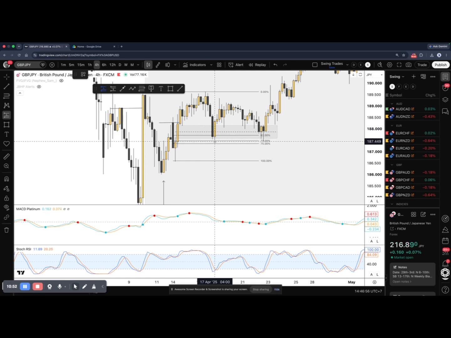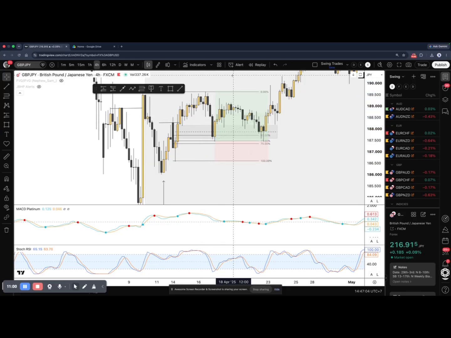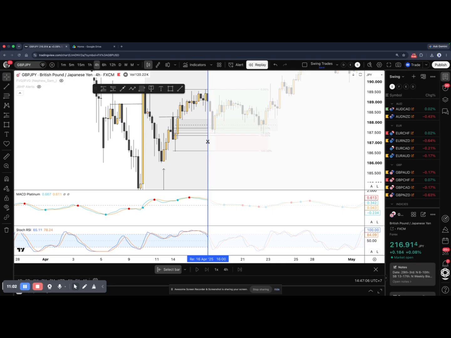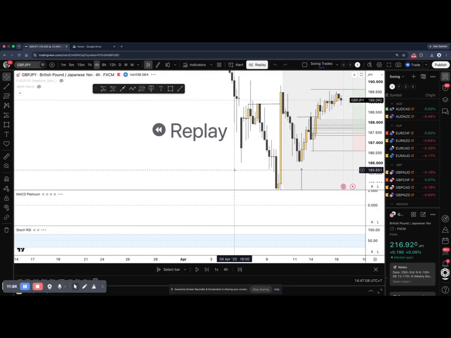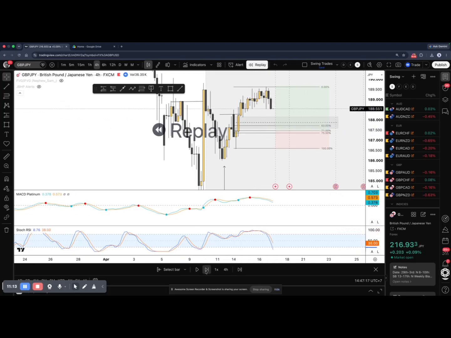We would set a buy limit at the 71, wait to be tagged in, which we were. So if we were to just play this backwards, this would already be preset because you're waiting for price to come back into this area of discount, remember. Price comes down, tags us into the trade.